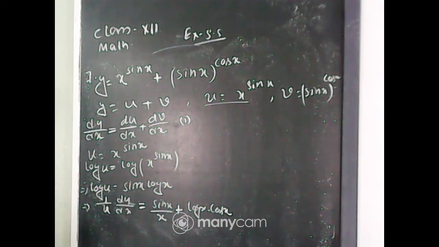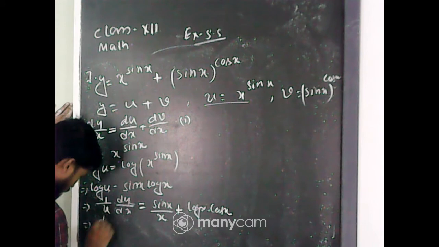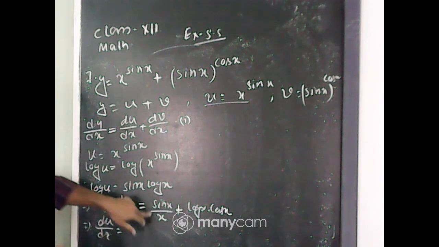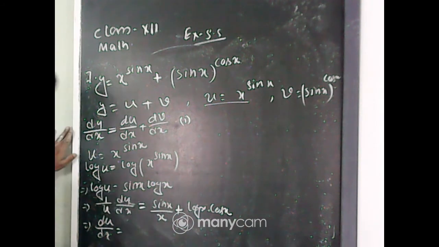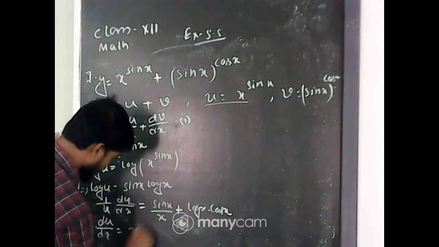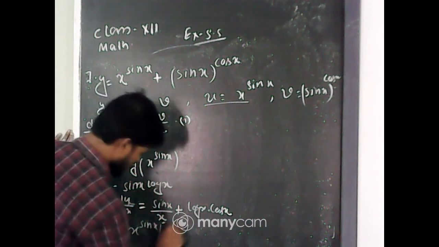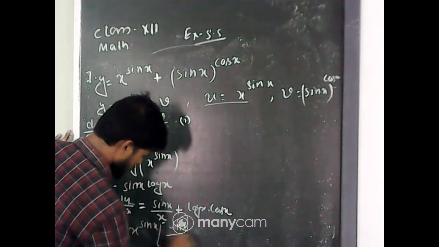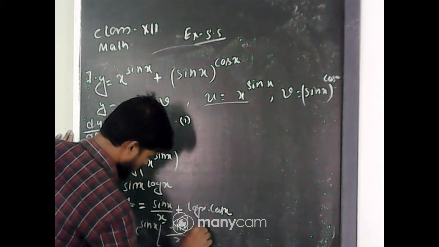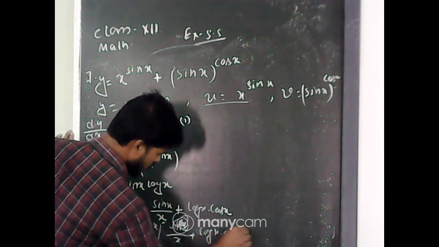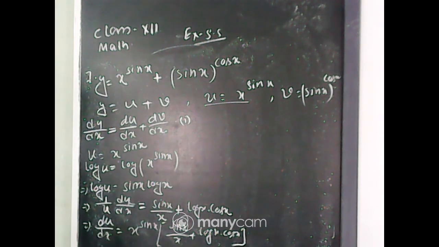So sin x by x plus log x into cos x is the value of 1/u du/dx. Now what is the value of du/dx? That is u multiplied with this. So the value of u is x to the power sin x into (sin x by x plus log x into cos x). So this is the value of du/dx.